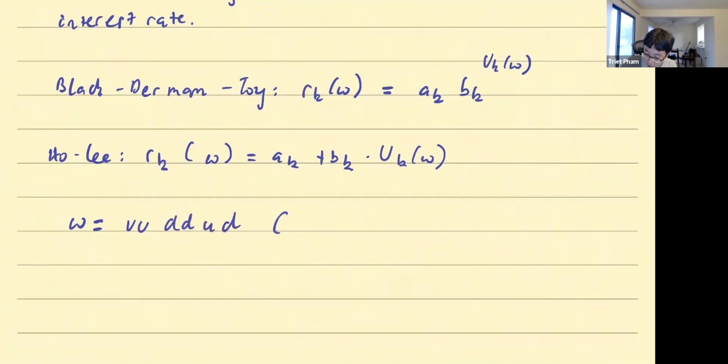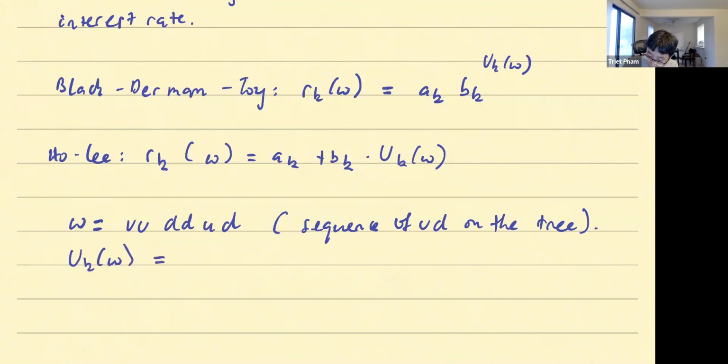It's a sequence of U and D on the tree that gets us to where we are. So UK of omega basically counts the number of U's in the sequence of omega.